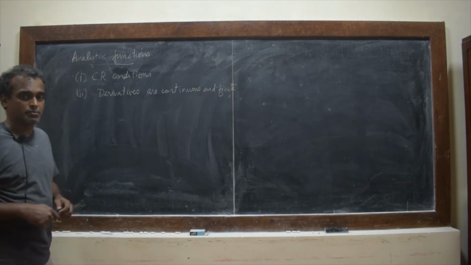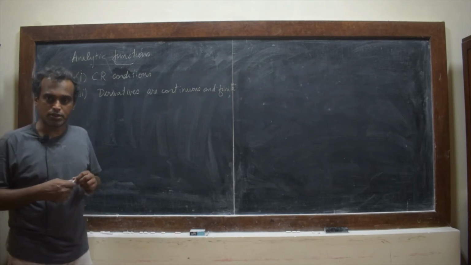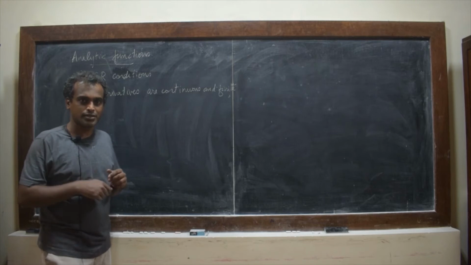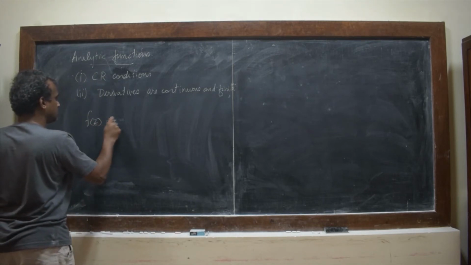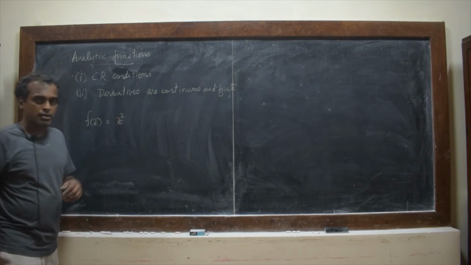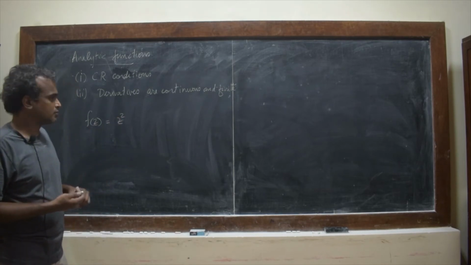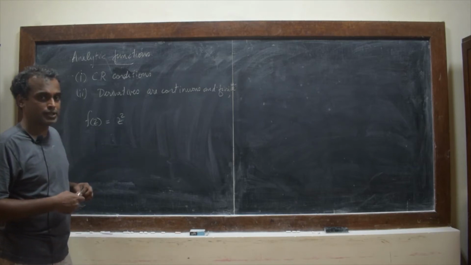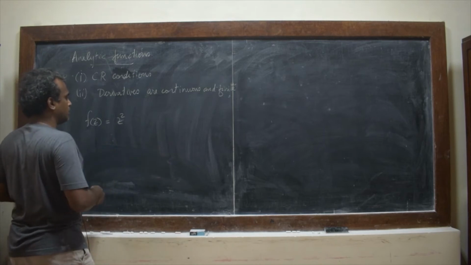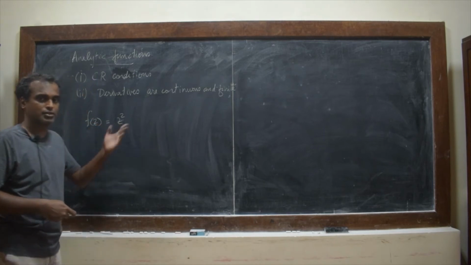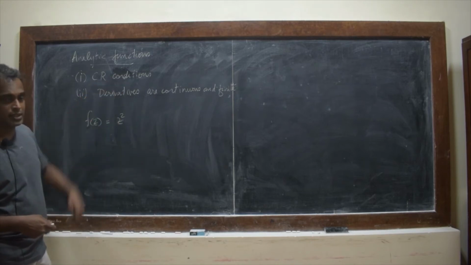We had seen a few examples of functions that obey Cauchy-Riemann conditions in the tutorials, and simple functions such as f of z equal to z square, which is a monomial, or more generally a polynomial of degree 2, is one such example, which we have checked satisfies the Cauchy-Riemann conditions.